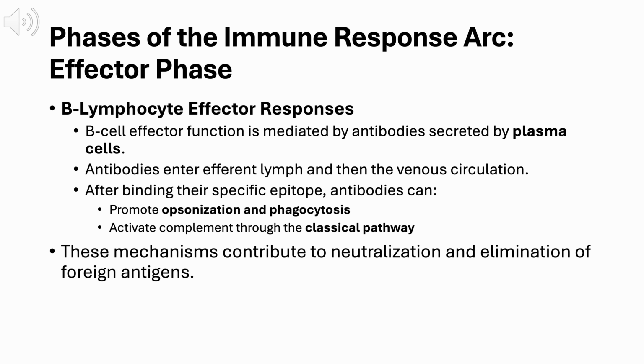First, it can promote opsonization and phagocytosis, essentially coding the target so that phagocytes recognize and engulf it. Second, it can activate complement through the classical pathway, unleashing that cascade's lytic and inflammatory power onto the target. Together, these mechanisms contribute to neutralizing and eliminating the foreign antigen.